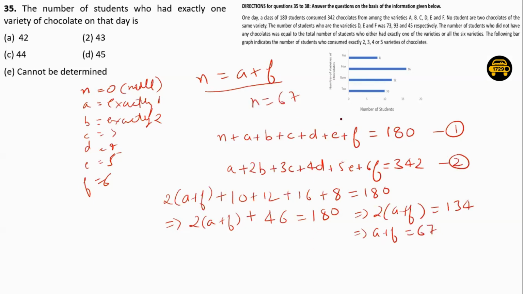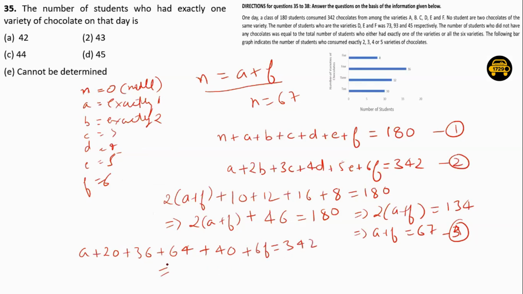We know the value of A plus F is equal to 67, so we take it as equation 3, for example. Now solving the second equation, putting the values of B, C, D and E, we get A plus 2 times of B, that is 20, plus 3 times of C, that will be 36, plus 4 times of D, that will be 64, plus 5 times of E, that will be 40, plus 6 times of F, all equal to 342.